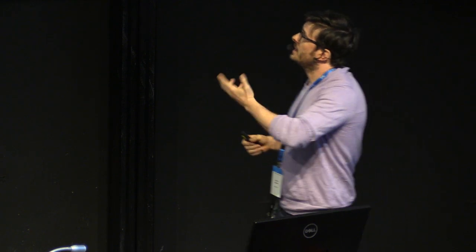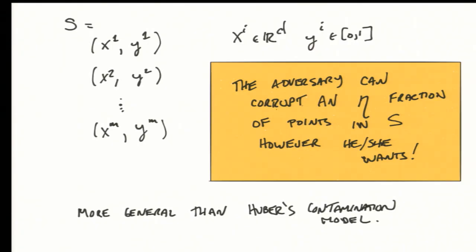In the Huber contamination model, you're allowed to add noisy points, but you can't take away uncorrupted points. So here you can really corrupt S by affecting any eta fraction of points in whatever way you'd like. Again, the goal is still going to be to find some linear function whose square loss is competitive with the best fitting linear function from the uncorrupted true distribution D.